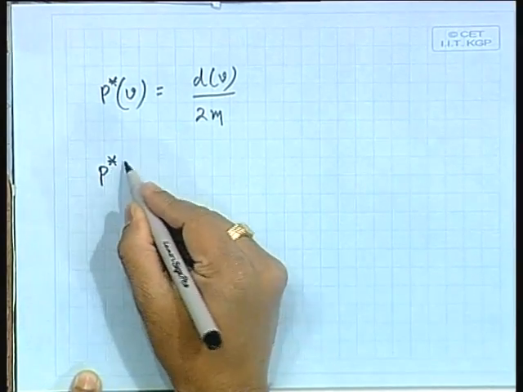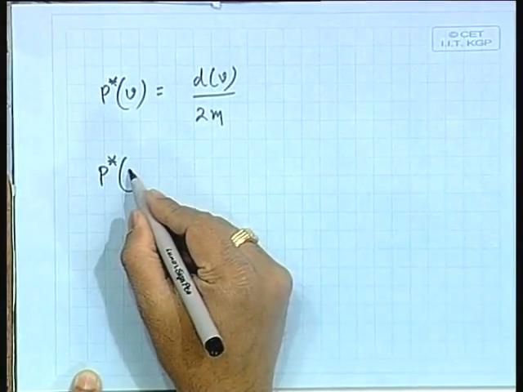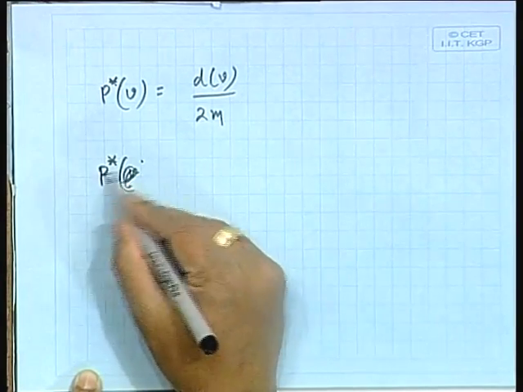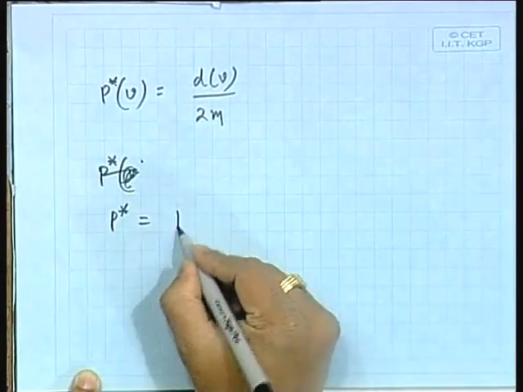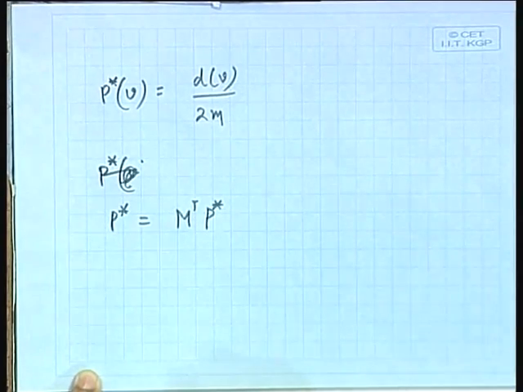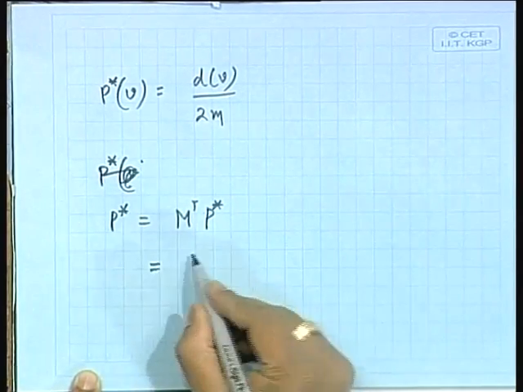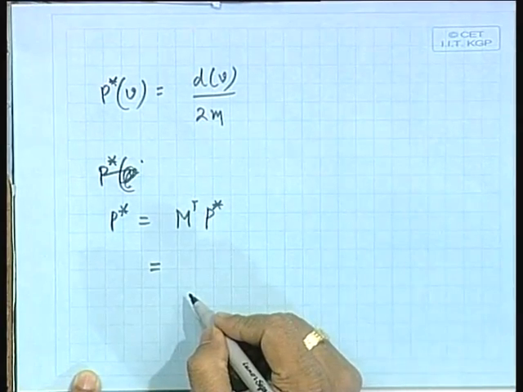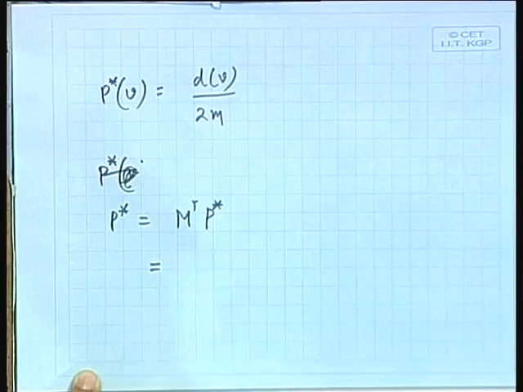I have to show that this holds, right? Is this a property of P star or of M? It's a property of P star. For any M, this holds. That is what you have to prove.